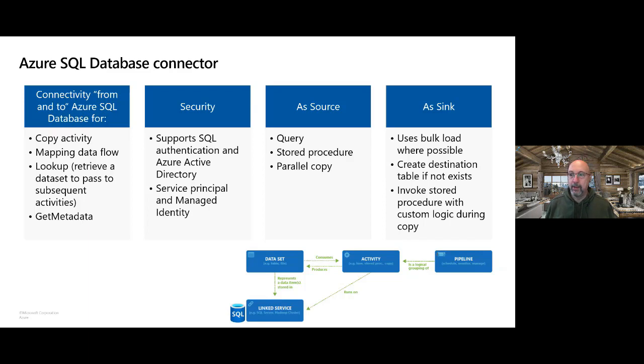So you can specify this, and you can also, if you need, again, to specify a very specific custom logic during the copy process, you can specify and invoke a stored procedure while the pipeline is executing, passing basically batches of rows that are coming from whatever source we are using as part of the pipeline, making sure that the stored procedure gets invoked, and you can specify some logic there that can transform the data or can just take decisions on how data will get inserted into our destination database.